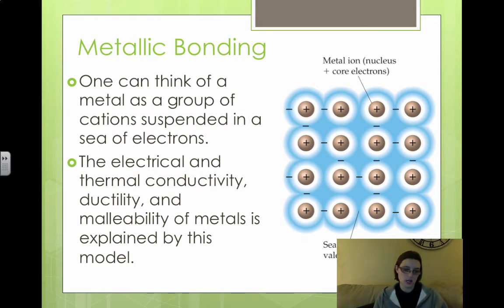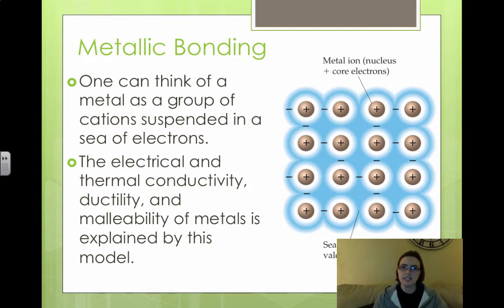However, the electrons are mobile, so they can move all around the solid, and no individual electron is confined to any particular metal ion. So this electron is not attracted only to this corner ion. It can also move and come to this ion, or it could move back up into the right-hand corner. So these electrons can move throughout the solid.